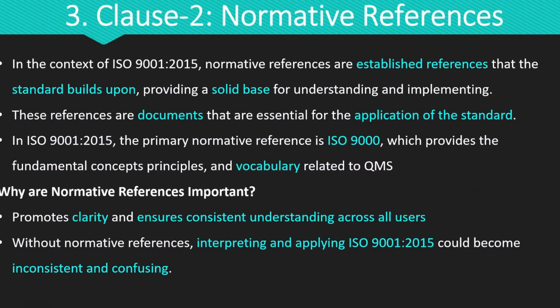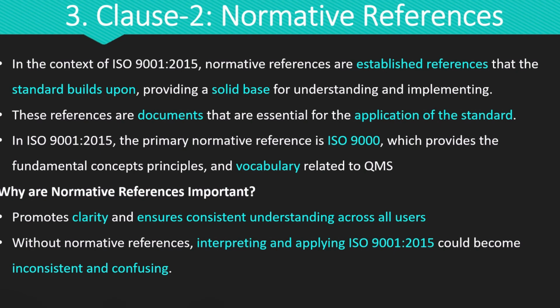Moving to clause 2, normative reference. In the context of ISO 9001:2015, normative references are established references that the standard builds upon. It provides a solid base for understanding and implementing the standard. The references are just the documents that are essential for the application of the standard.